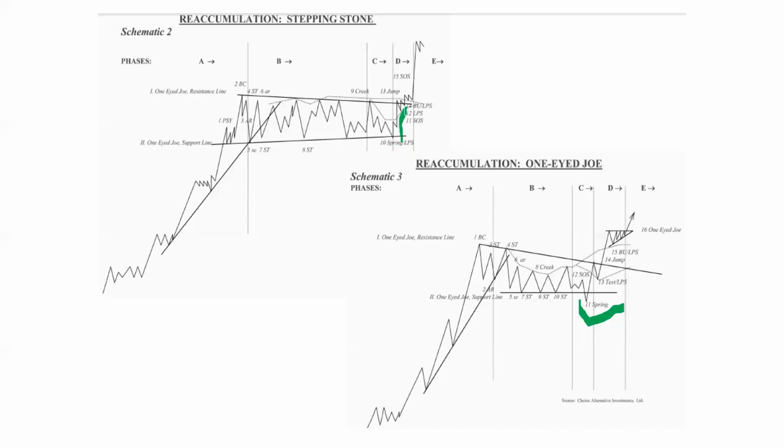Notice in both cases that we have near vertical ascents as we complete reaccumulation and go upward. This is because absorption is occurring in reaccumulation. Stock is going from weak hands to strong hands as large interests and informed interests are accumulating and holding shares for much higher prices.